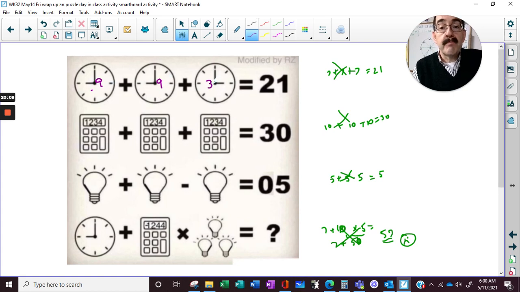So 9 plus 9 plus 3 is 21. So we really didn't like this answer. So now we're going to put a 9 here. 1, 2, 3, 4, 1, 2, 3, 4, 1, 2, 3, 4. So we got a 10, a 10, and a 10 to get 30. So we agreed.